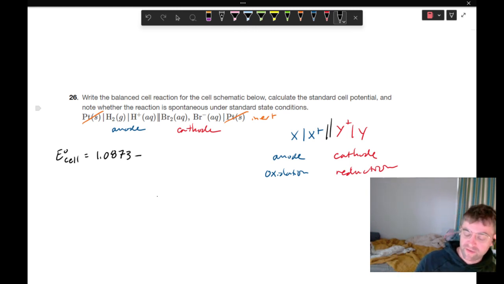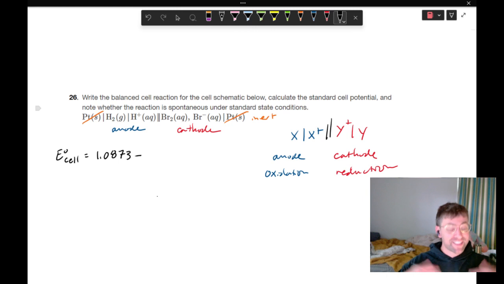We don't need it. As you get into organic chemistry, you will learn why platinum is used as a catalyst for reactions like this. And well, I don't want to get too in the weeds, but platinum facilitates the reaction. It helps catalyze it. It's not participating directly in the reduction or oxidation of species here. So we can ignore it.